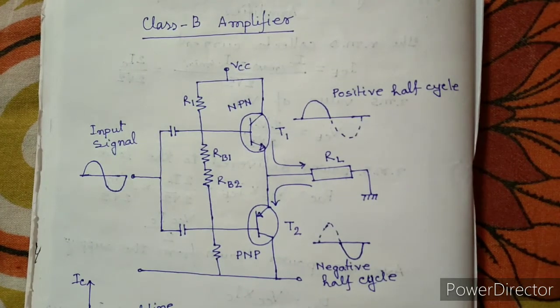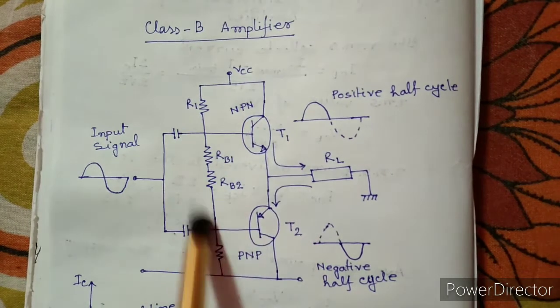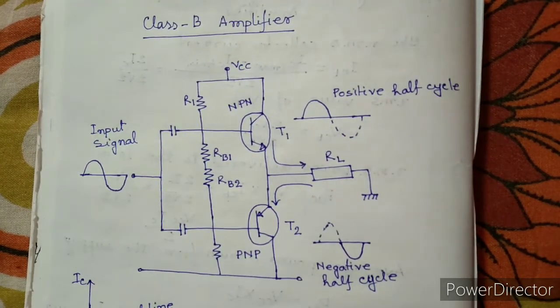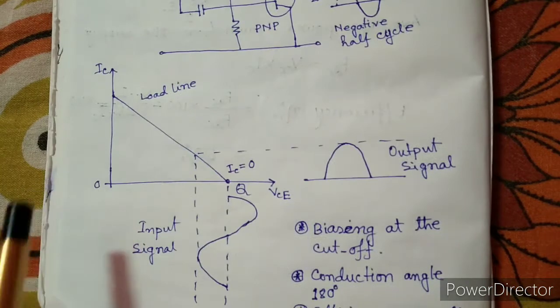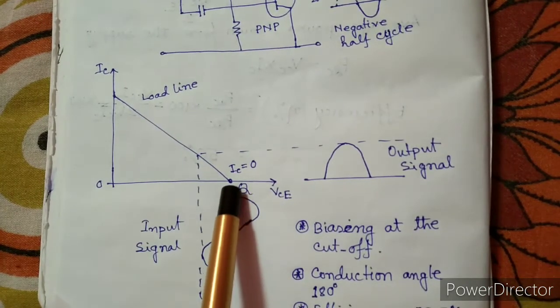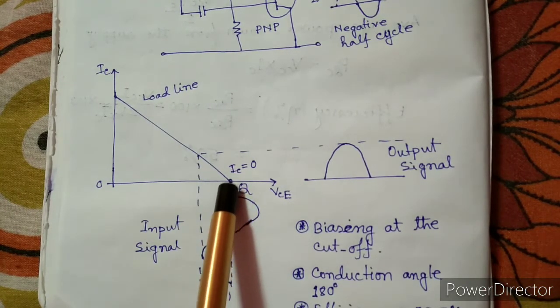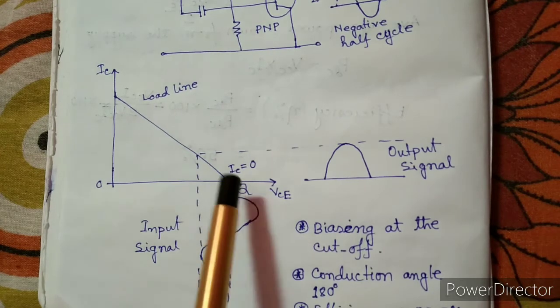Okay. Now we have to bias this circuit in such a way that the Q point will be at the edge of cutoff.